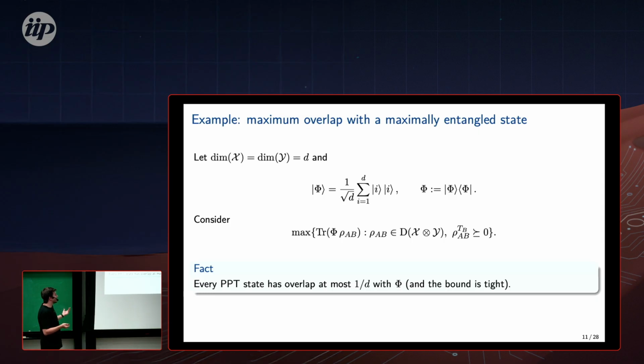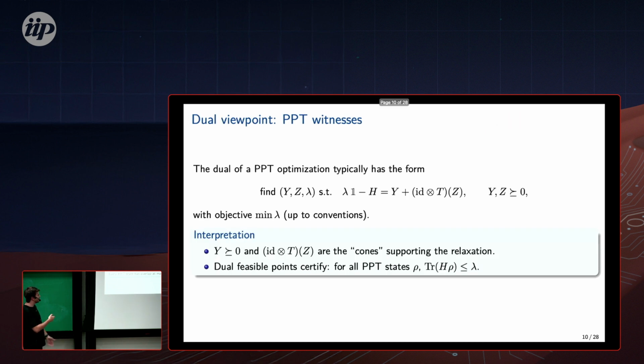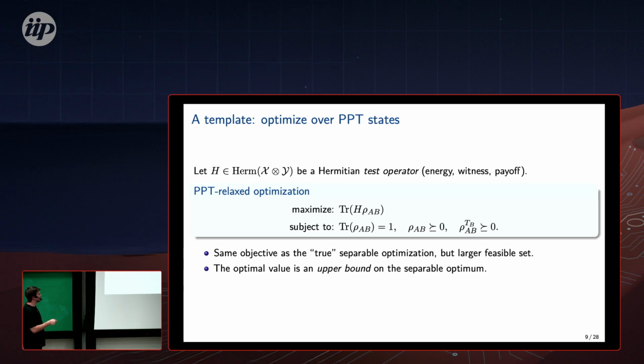This is a very hard optimization problem, but we can, of course, also look at the maximum overlap of PPT states with the maximally entangled state. And this is precisely the sort of problem we were looking at before. You just choose as H the density matrix corresponding to the maximally entangled state.